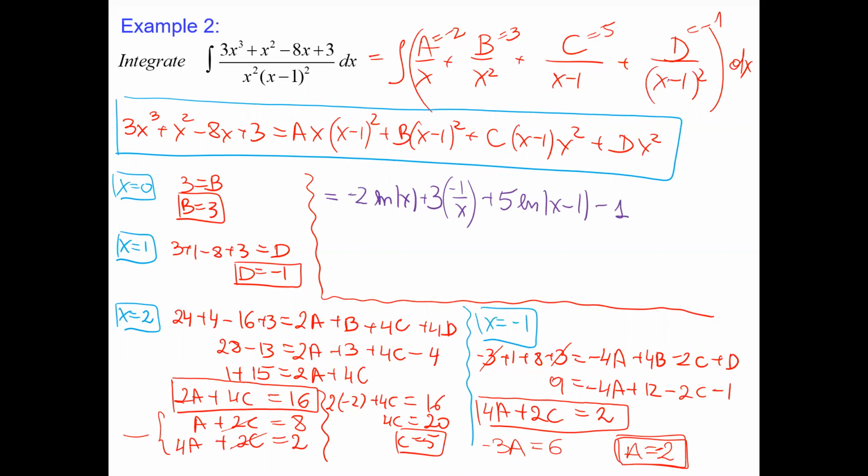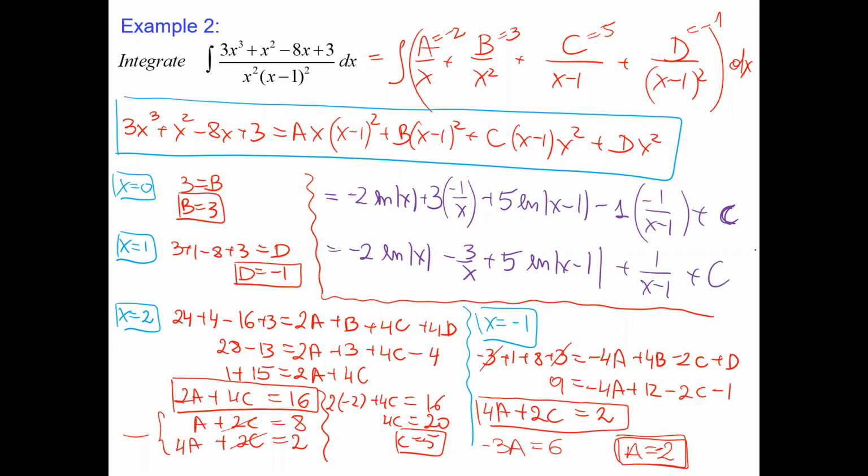And the same situation, x minus 1 squared we can rewrite as u squared, which is u to the negative 2. Integral of it is negative 1 over u, but this is my u, x minus 1. Okay, that means I can just rewrite as negative 2 ln of x minus 3 over x plus 5 natural log of x minus 1, negative and negative will be positive. Okay, this is the final answer.